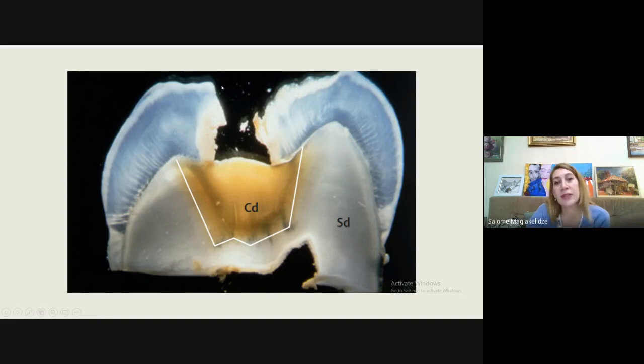So when you have decay in the enamel, we always have a bigger surface on the outer part of the enamel than on the inner part. But at the enamel-dentin junction, which is here, when caries comes to here, it starts to spread and gets wider. So now you can see that this is demineralized enamel, this is sound enamel. This is demineralized dentin, this is sound dentin.